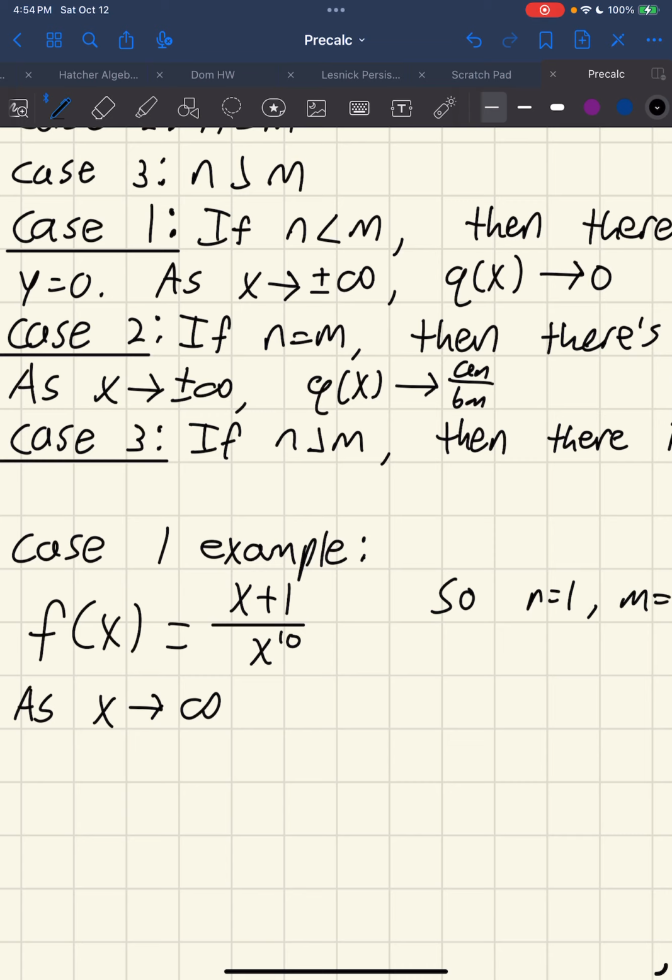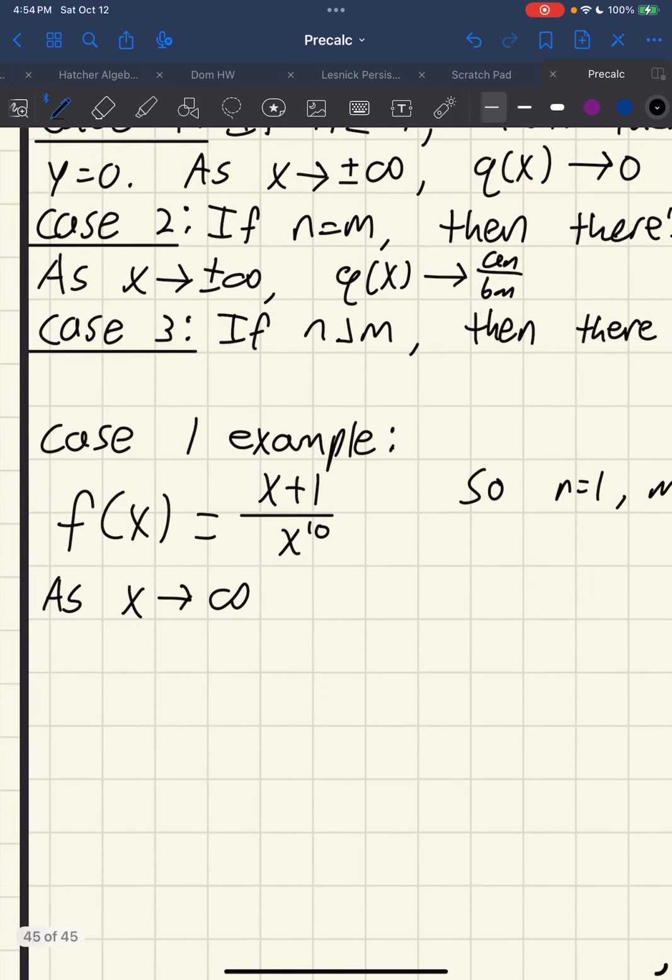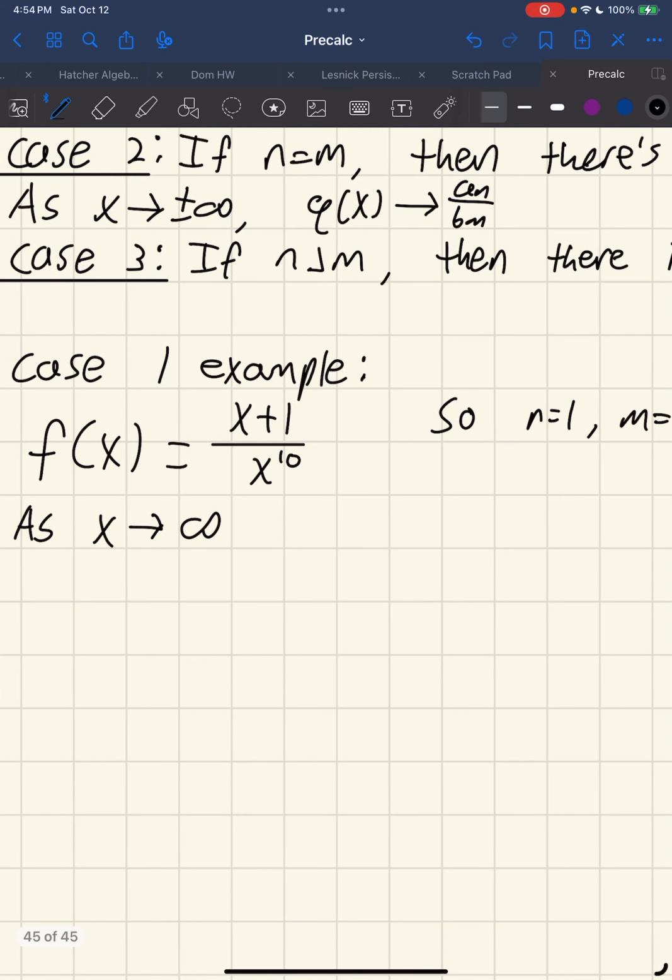So, I chose this as an exaggerated example for a reason, so you can see that it explodes really quickly. But this will happen even if the degrees are closer, like 1 and 2. When x equals 1, f of 1 is equal to 1 plus 1 over 1 to the 10th, or just 2 over 1, or just 2.